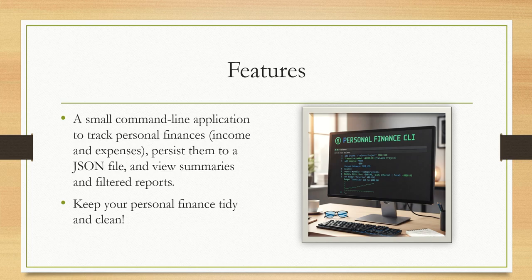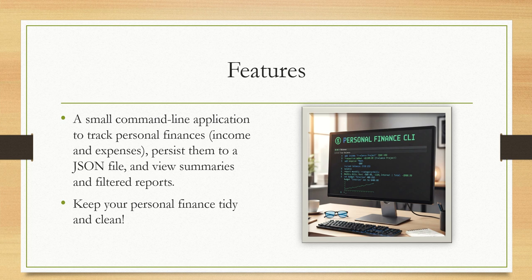The features, well, this is just a small command line application that you can use to track your personal finances. They are saved into a JSON file, and then you can generate some summaries and also apply some kind of filter reports as well.